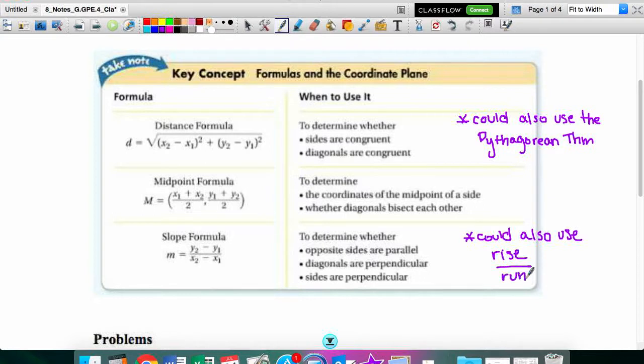And I'm also going to put in our notes that these are best for graphs. Okay, so let's go ahead and begin with classifying triangles.